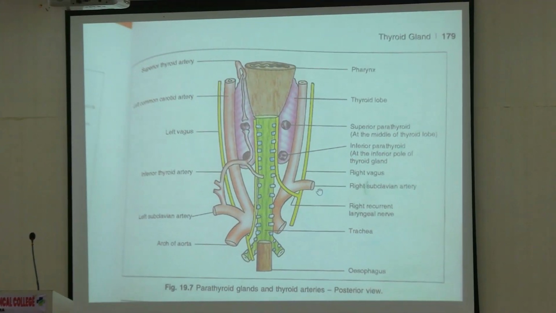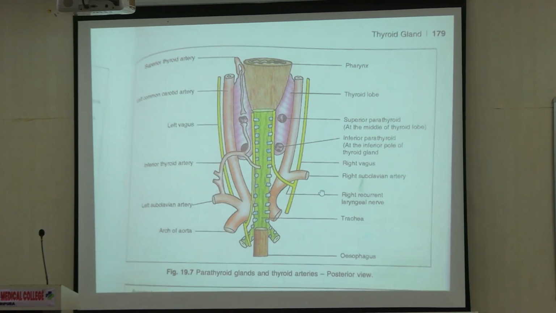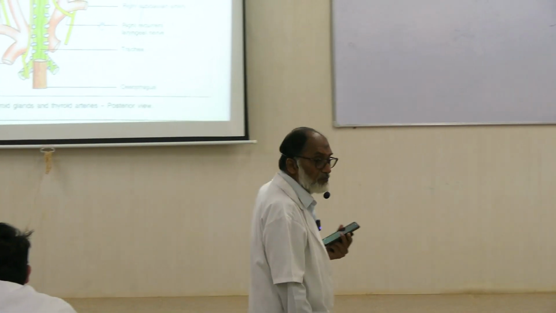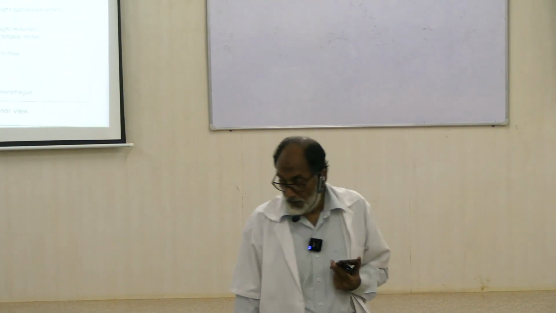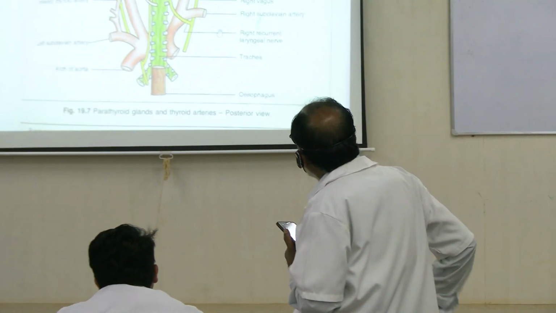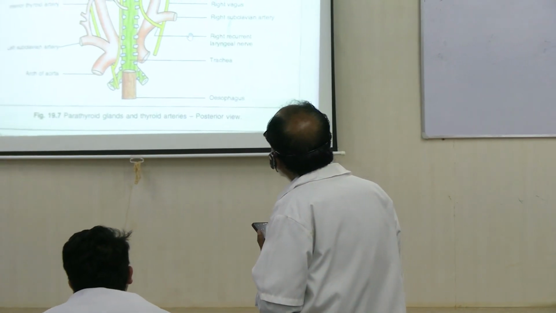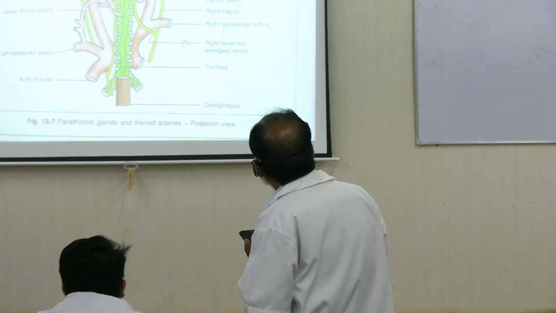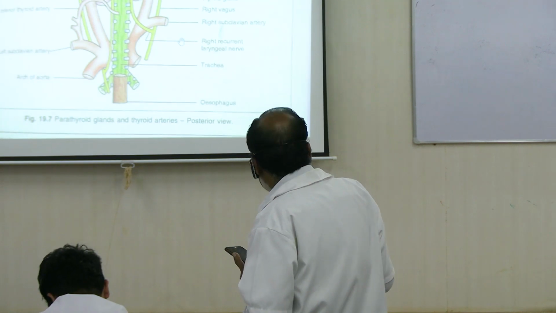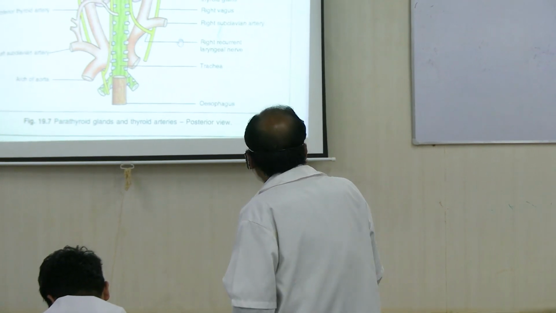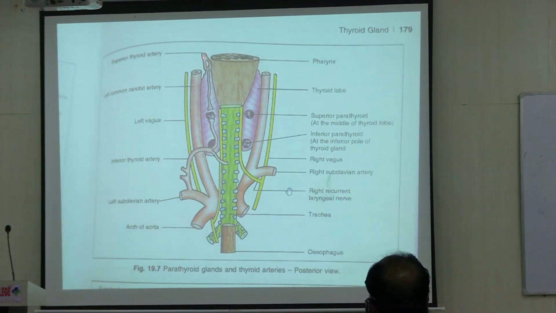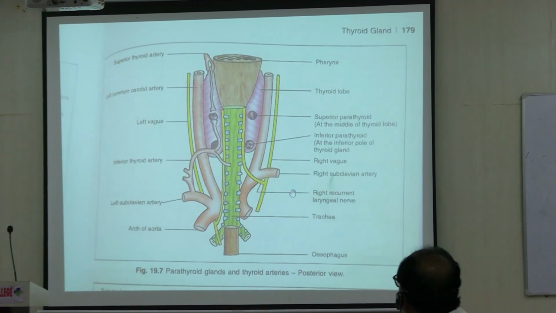From this diagram, you will be able to see the arterial supply of the gland. Now, superior thyroid artery. You see the superior thyroid artery.